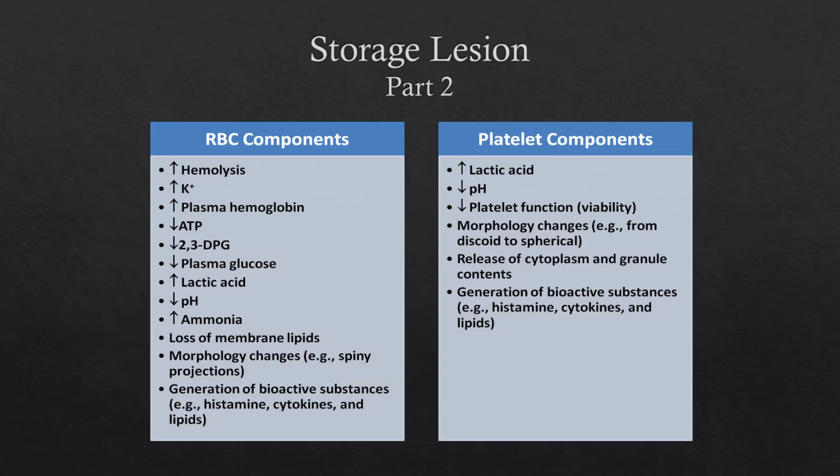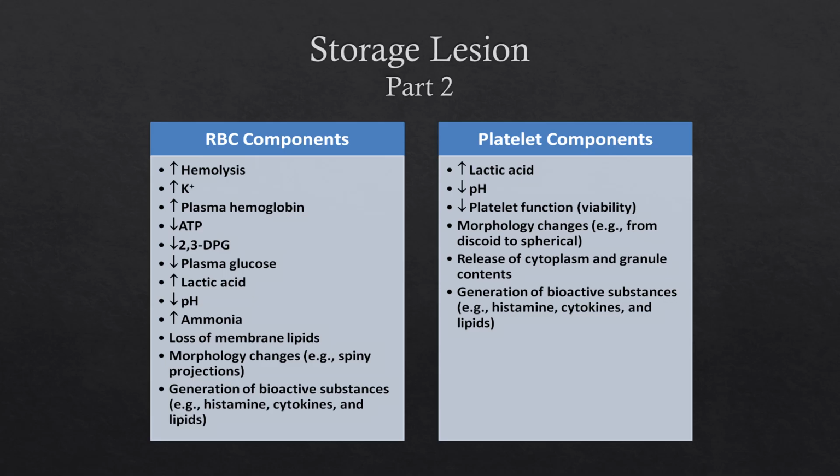And here's a sort of a breakdown of the changes that you can expect with prolonged storage of blood component. This is a summary of the storage lesion. There's some things to expect. You've got your living cells. They're going to use up their ATP, so the ATP levels will drop, 2,3-DPG will drop.